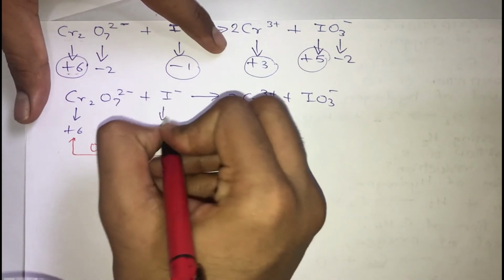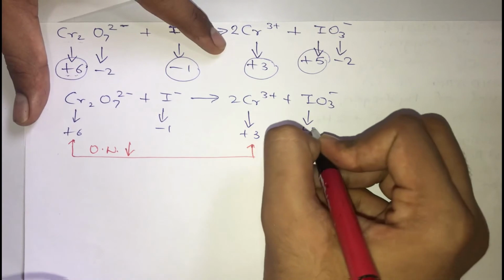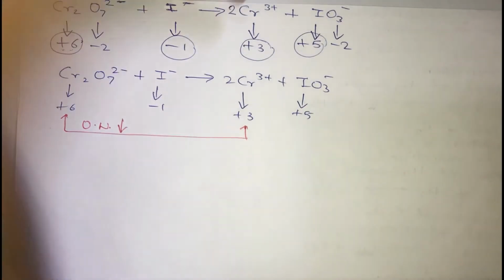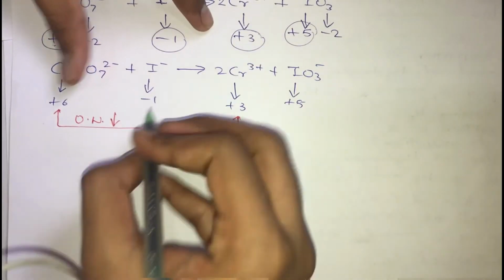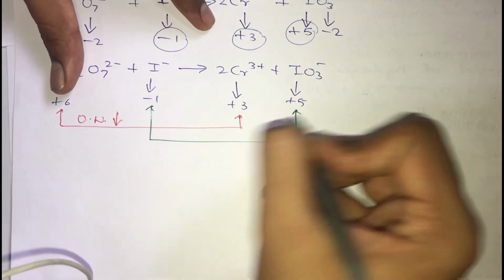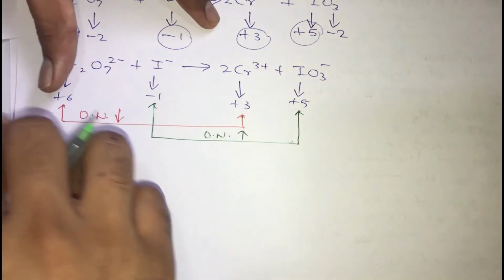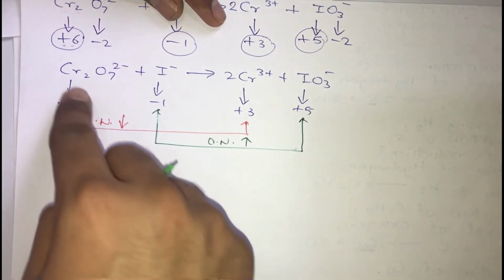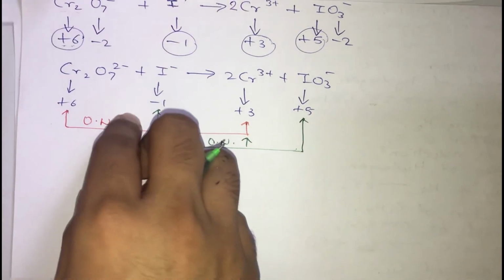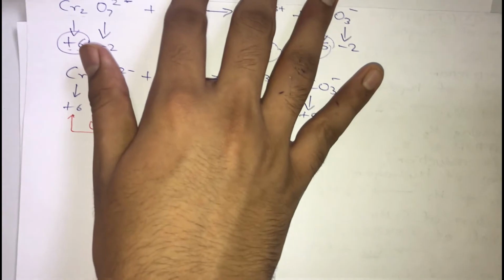Then for iodine, it is obviously increasing from -1 to +5. So we are going to write over here the oxidation number has increased. Okay, so done. We have found out for which atom the oxidation number is decreasing and for which atom it is increasing.